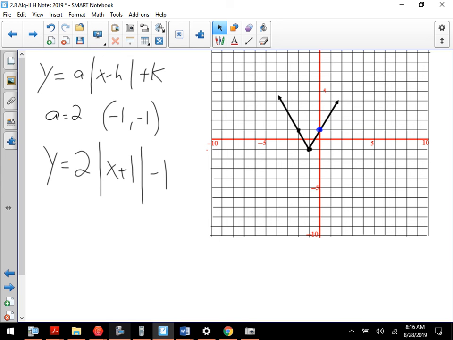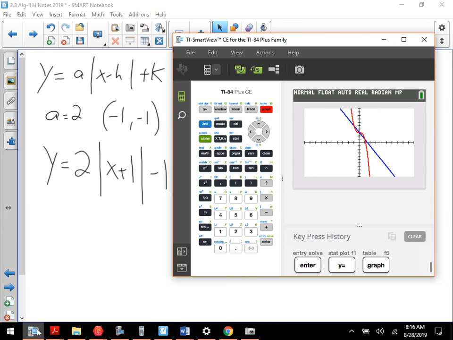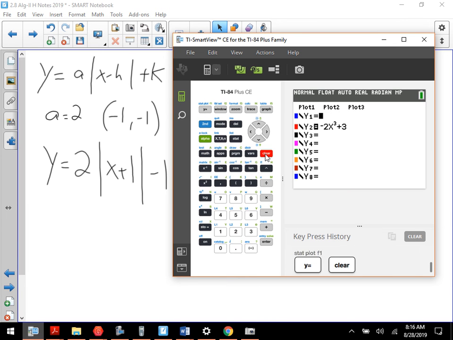Now here's the thing. If you wanted to be rambunctious, how could you tell if you did this correctly? You could graph that, but why would I waste time regraphing it when I could use my calculator? So if you want to double check, go to your Y equals tab, and we want to put that function in.